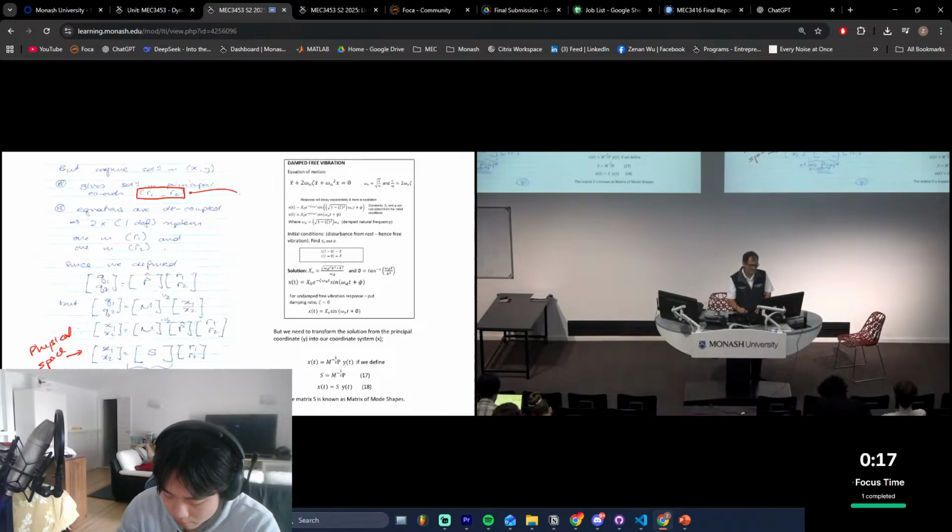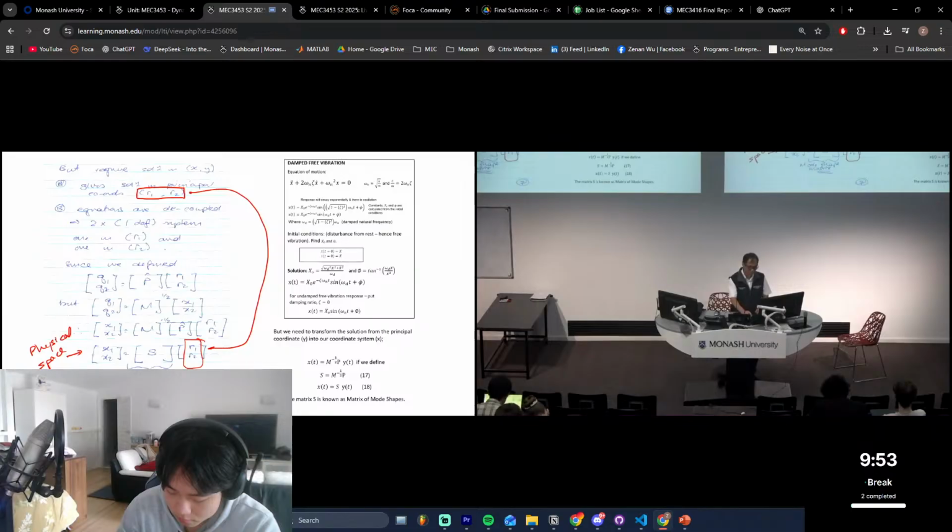okay, so I've solved this. To bring it back into physical space, I'll need to pre-multiply the solution I get from the principal coordinate by its mode shape matrix. And that's as simple as that. I know that it may be hard to follow initially, but if you follow the steps, it is actually very straightforward.